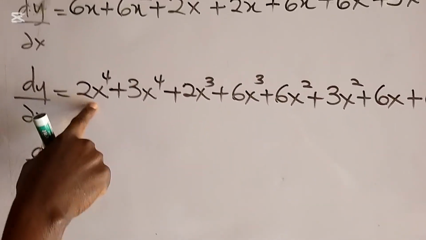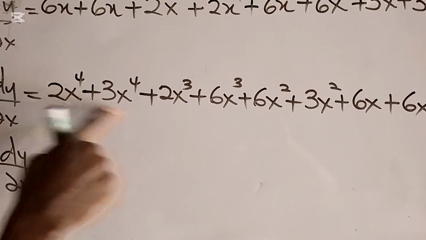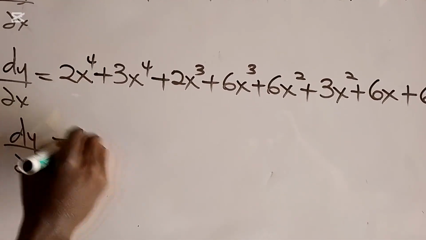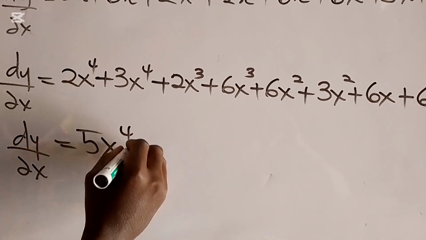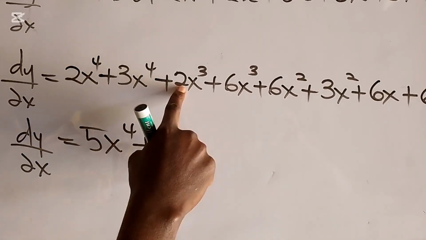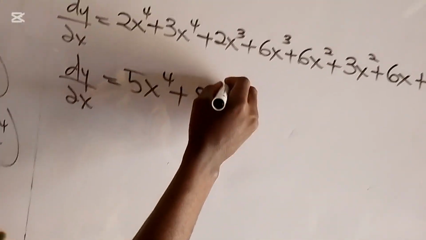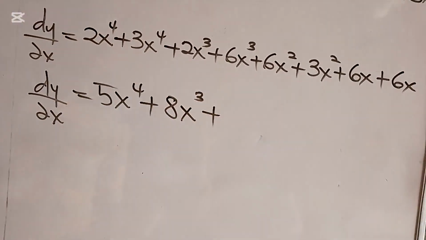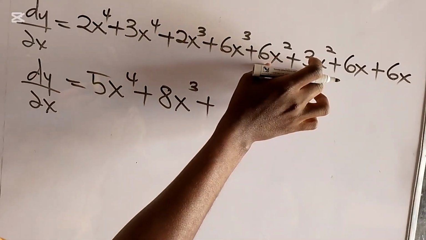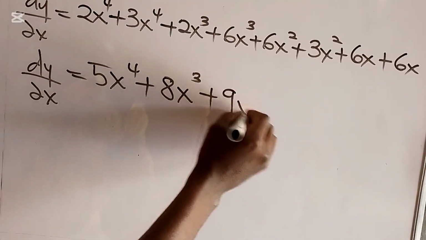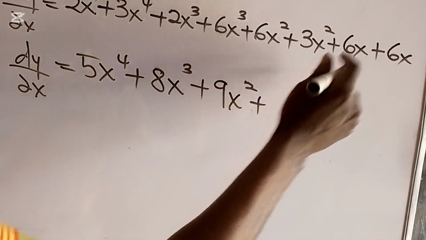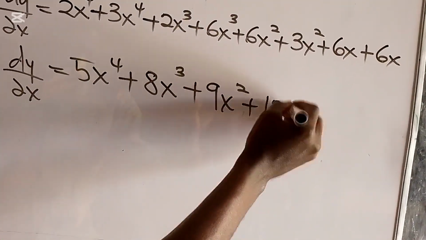So 2x to the 4th power plus 3x to the 4th power gives us 5x to the 4th power. Plus 2 plus 6 gives us 8x cubed, plus 6 plus 3 gives us 9x squared. 6 plus 6 gives us 12x.